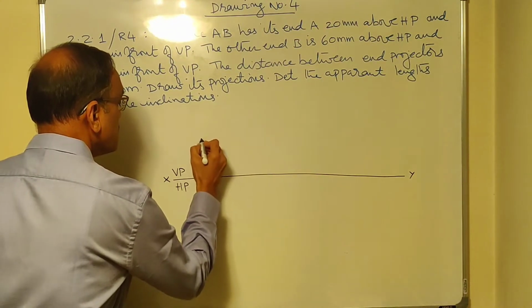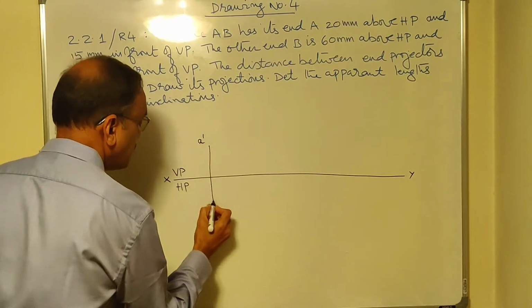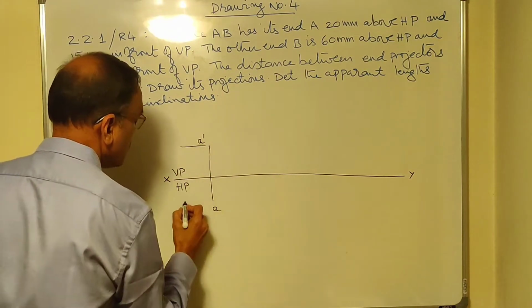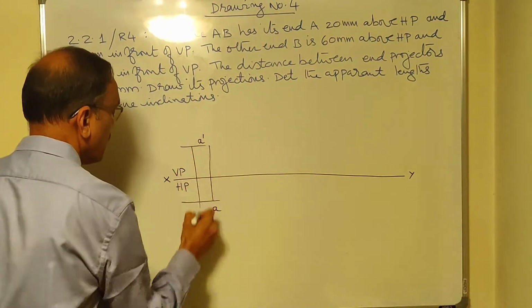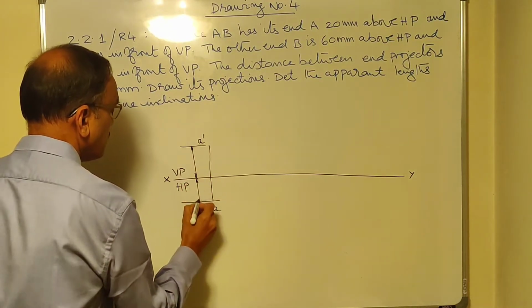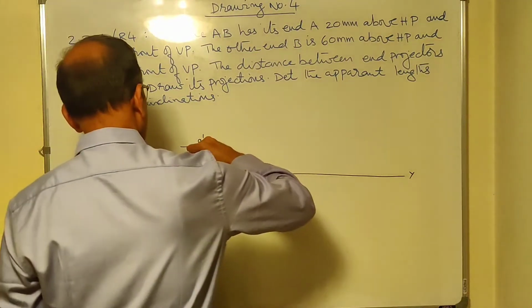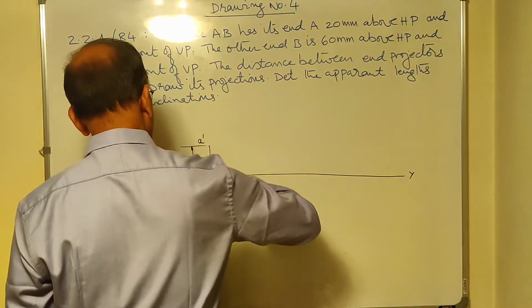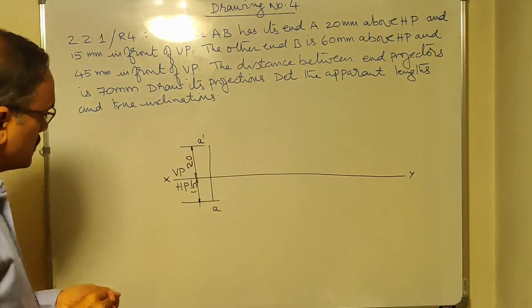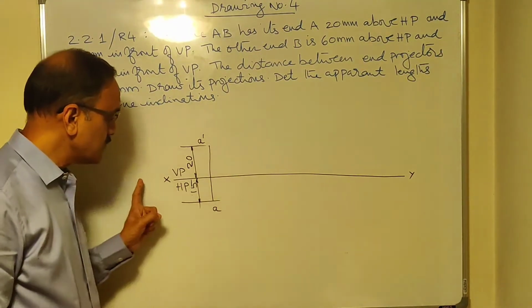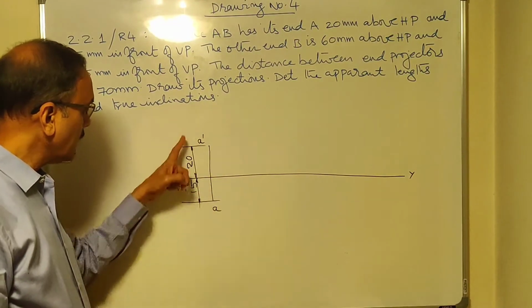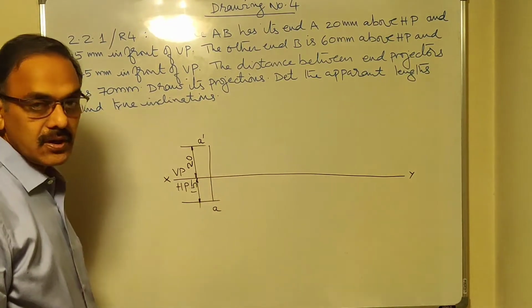So this is A dash, this is A. This distance has to be 20 and 15. 20 mm above HP, 15 mm in front of VP. Done. So when you are doing it on your sketchbook, this has to be a thin line. The projector is also a thin line. The dimension line is also a thin line.